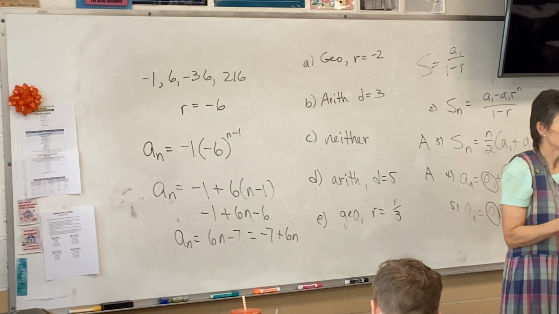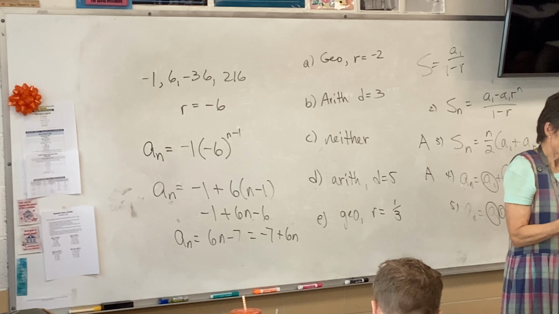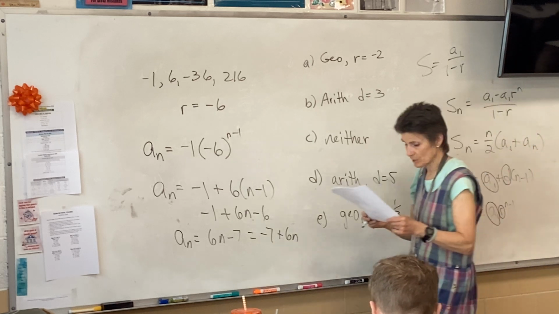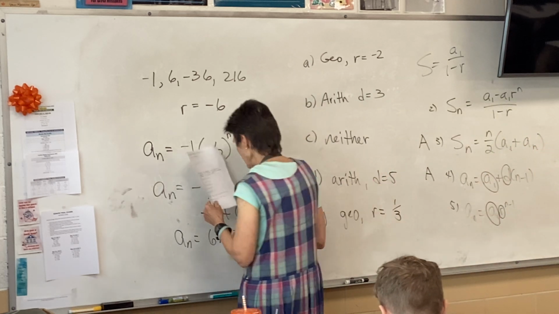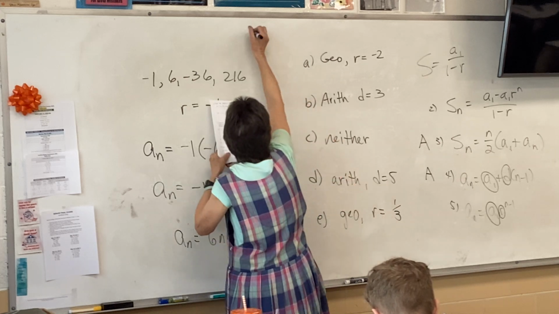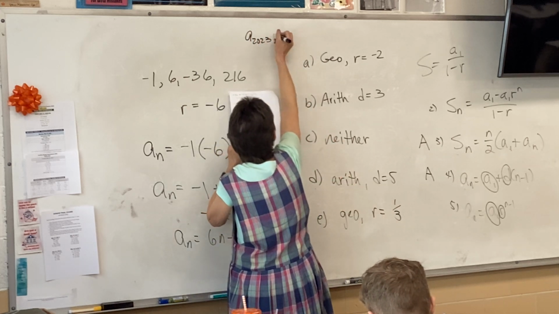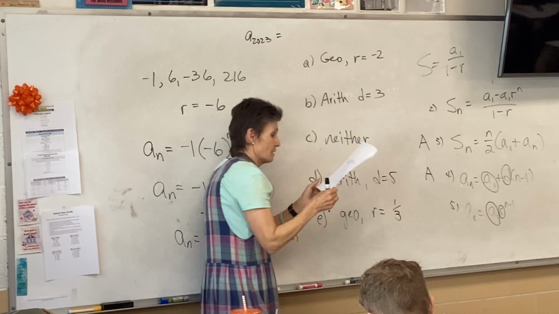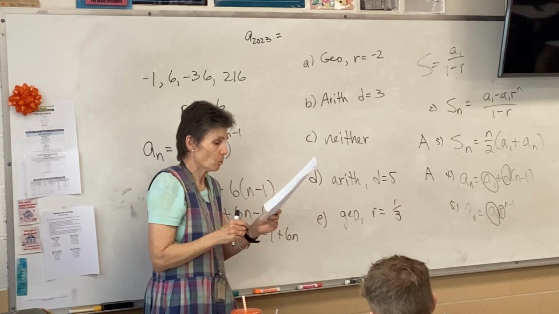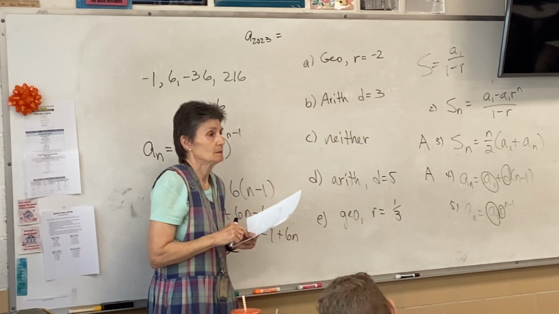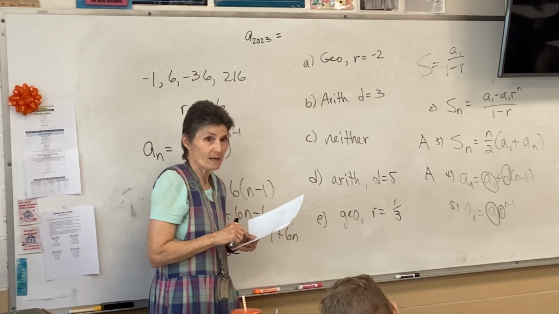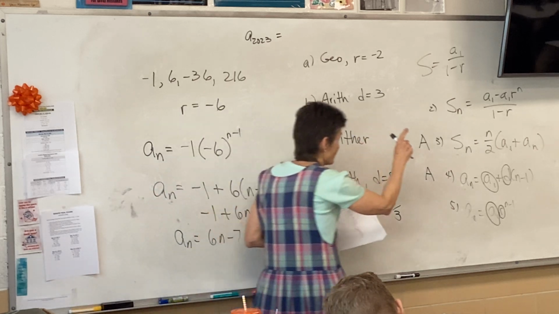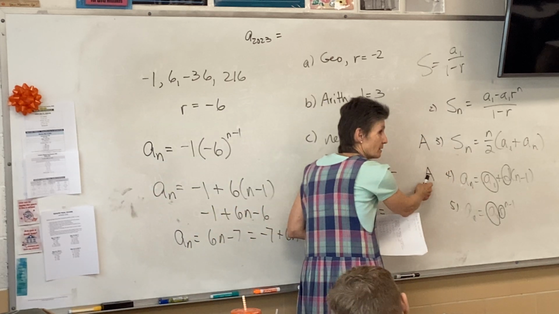All right, so what's the problem here? Find the indicated term or sum. Oh, we kind of just did one of these. A sub 2023. What kind of sequence do I have here? Arithmetic. So I'll be using this arithmetic formula right here.